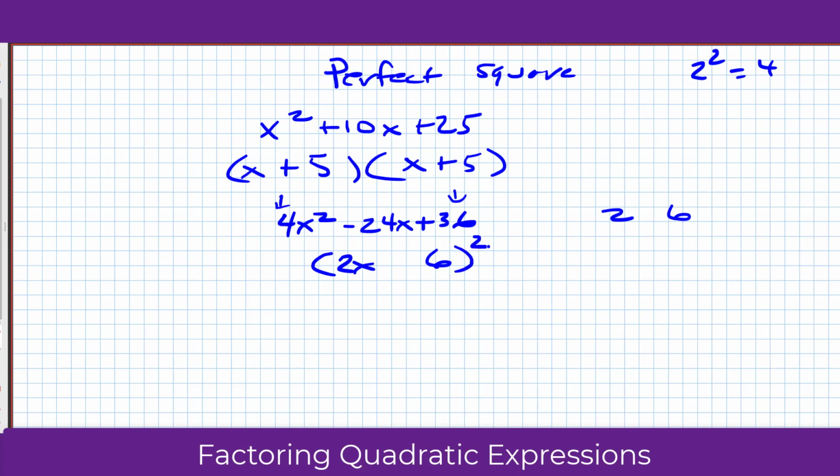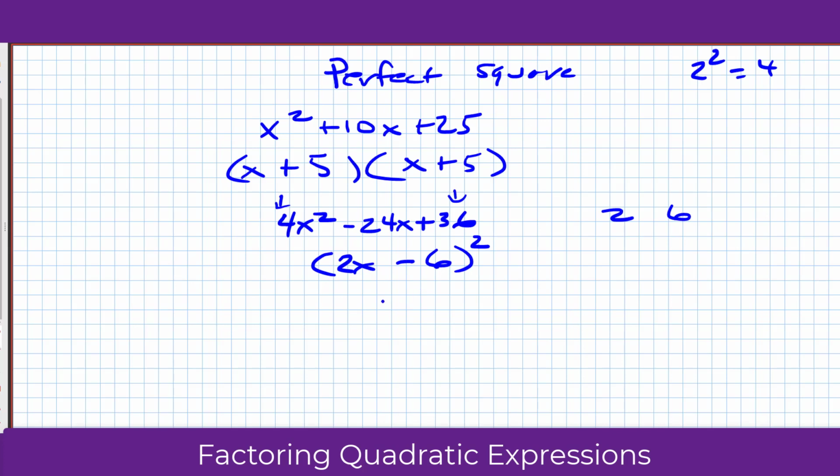Now, the middle term is twice the product of 6 and 2x, and it's going to be negative. So we've got minus 24x, since twice the product of 6 and 2x is 24x. So there's a minus sign in the middle, and we're done.